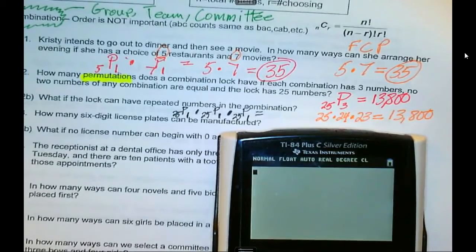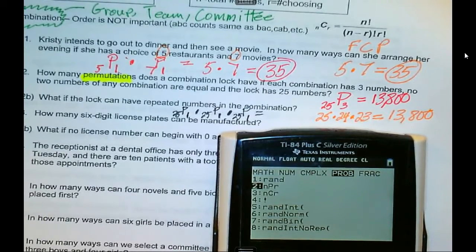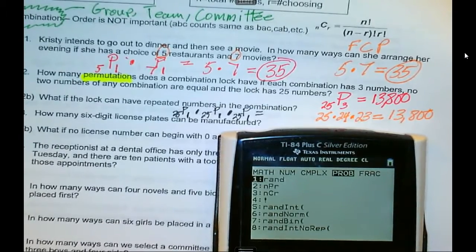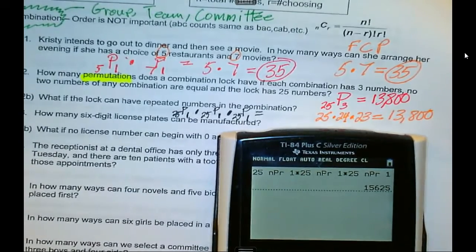So, 25, go back to probability, permutation, 1, times 25, math, probability, permutation, 1, times 25, permutation, 1, and hit enter, and you get 15,625.